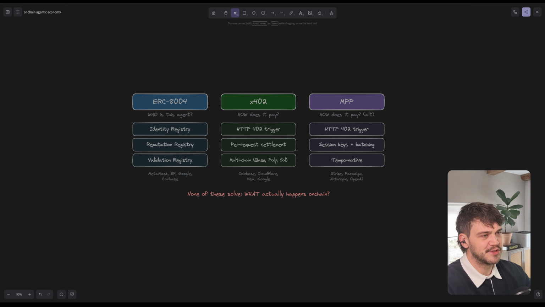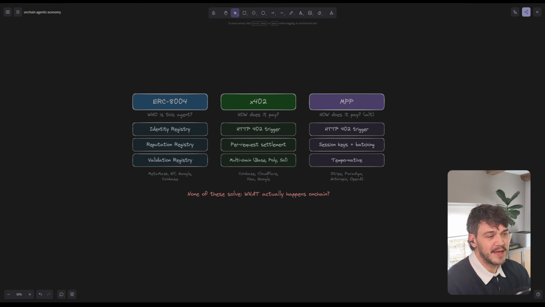To summarize, x402 is open web, per request, and multi-chain, whilst MPP is high frequency, batched, and Tempo native. There are trade-offs between the two, but essentially they have the same goal: agents paying for things over HTTP.